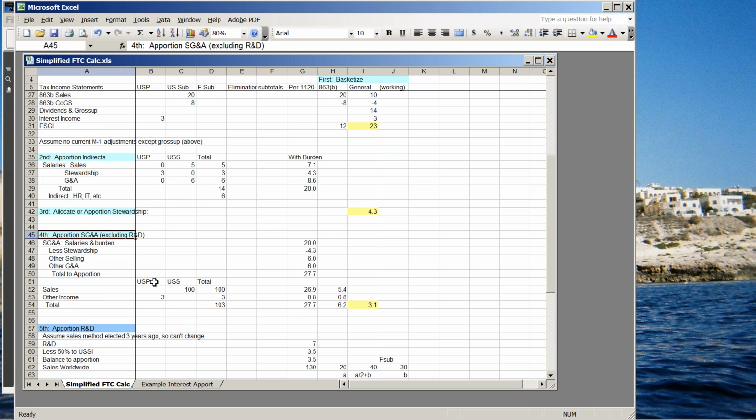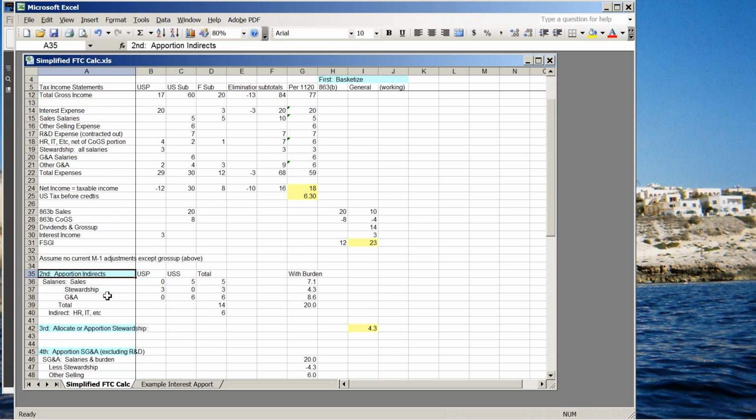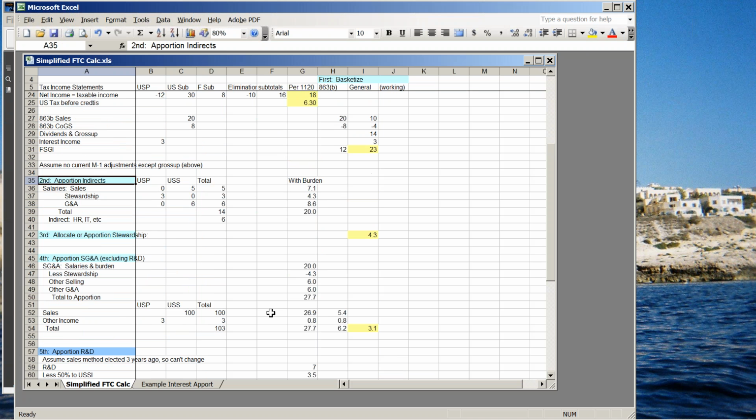Next step is we have to do something with our overall SG&A expenses other than R&D. We have G&A salaries and expenses, sales salaries and expenses, and we have to do something with these because they relate to our income. The sales salaries, I have not done it here just for laziness and minimal effect.